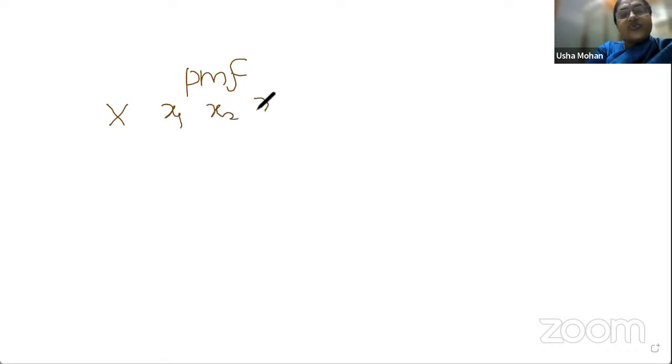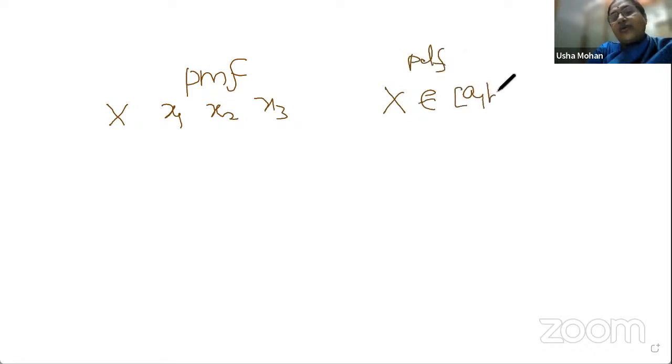Now, is the PMF and PDF clear? Here I have x taking values x1, x2, x3. Here I have x belonging to any interval a to b.